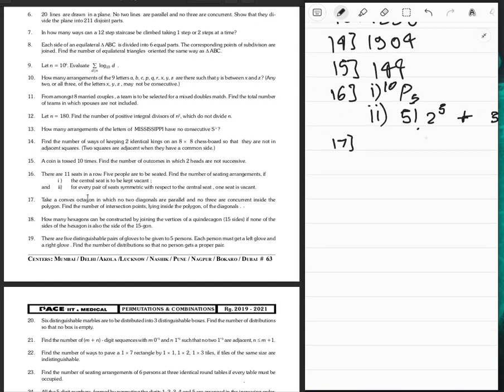17th. Take a convex octagon in which no 2 diagonals are parallel and no 3 are concurrent inside polygon. Find number of intersection points lying inside the polygon of the diagonals. Wait, what? Convex octagon in which no 2 diagonals are parallel, no 3 are concurrent. Kind of weird.